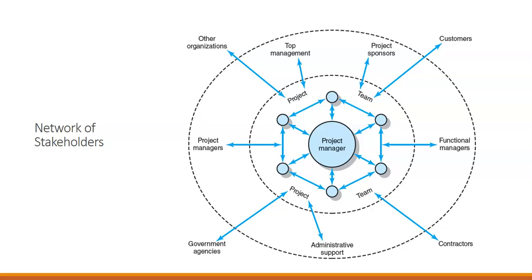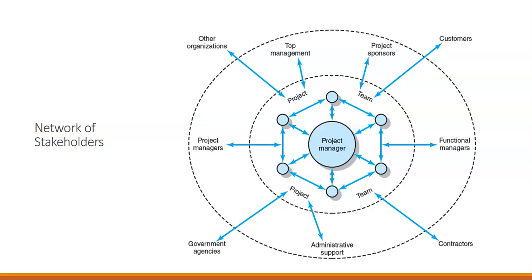So we have this project manager in the middle who has their projects and the team working on the project. But then outside of that, you also have different managers within the organization. You have a project sponsor. That project sponsor is whoever in top management helps facilitate the project and is helping you with the project.